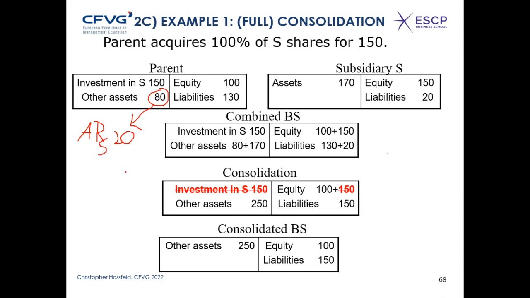So it's an account receivable on a subsidiary for the amount of 20, which is included here. That means obviously it's an internal account receivable, so I would need to delete here 20, because those receivables should not appear in the balance sheet. But if I delete 20 in the other assets, I need to put 20 somewhere else. And the question is where?